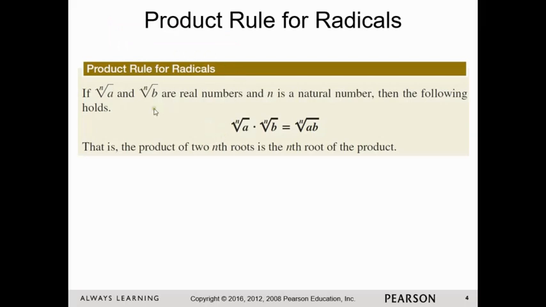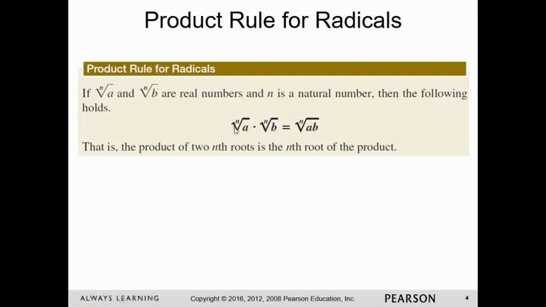Here is the product rule. Here's as if we have the nth root of a and the nth root of b, and they're real numbers. N is a natural number, and then the following holds. So if we have a set of radicals that have the same index, we can multiply them by multiplying what is underneath the radical.